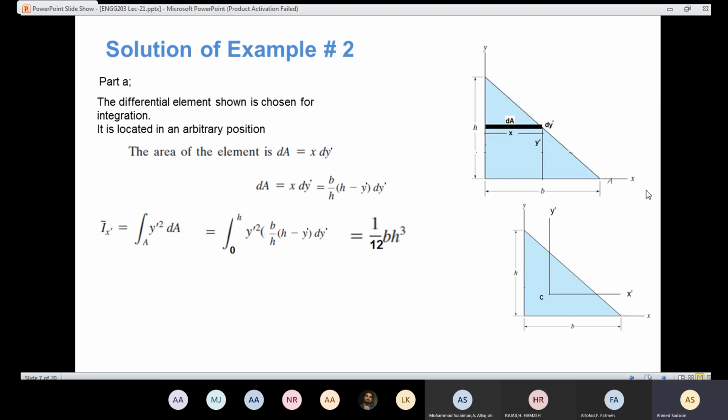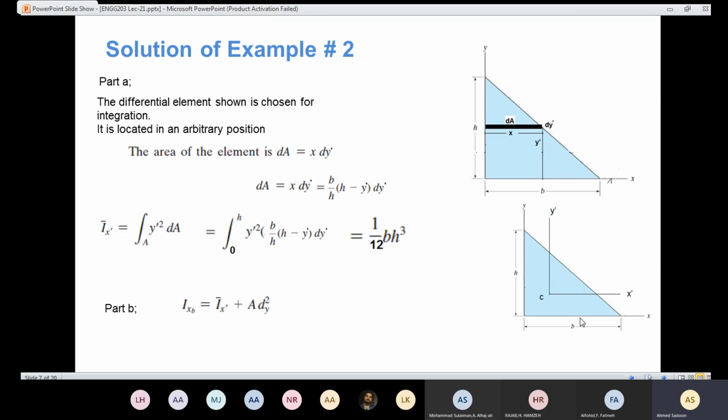Now, in the second part, we need to know the moment of inertia about x hat, about the centroidal axis. And we are going to take advantage from knowing the moment of inertia about this axis. So remember, in the parallel axis theorem, we say that the moment of inertia about any axis is going to be the moment of inertia about the centroidal axis plus the area times the difference squared, the difference between this axis and that axis.